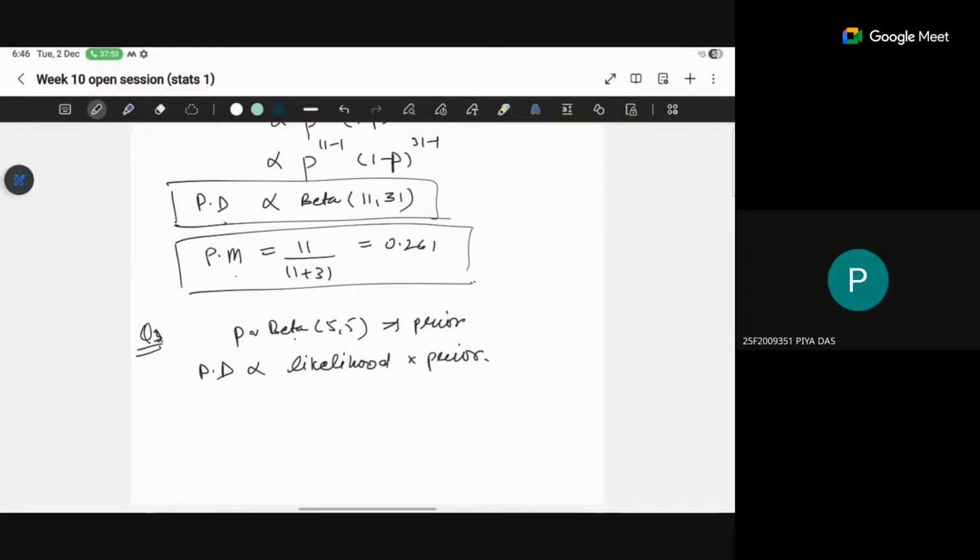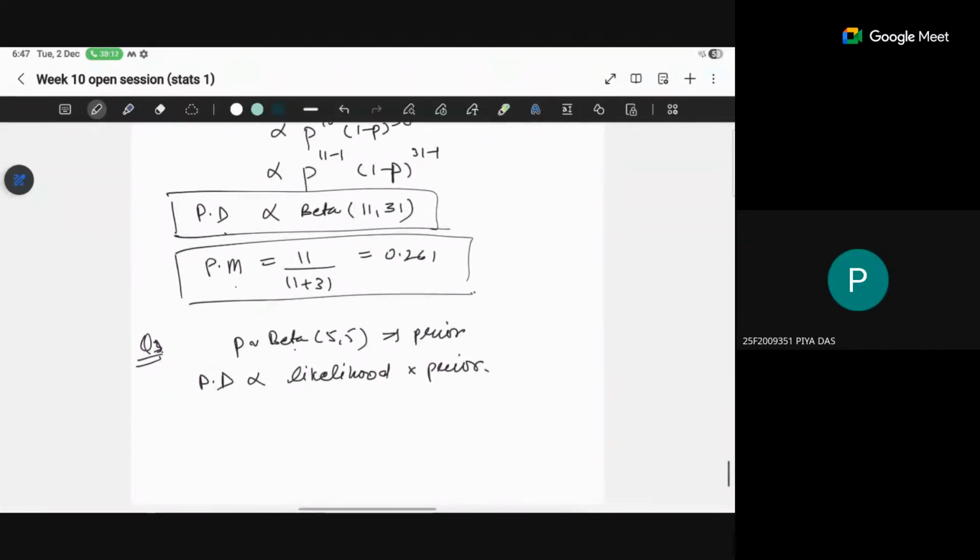Then only you will calculate the posterior mean, right? Did you guys understand? In the previous question we used 11 and 31 and then solved. So here can't we use 5 and 5 and solve? No, this is a prior thing. Okay, understood.